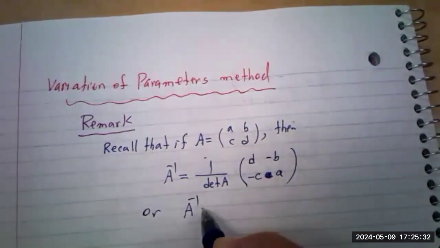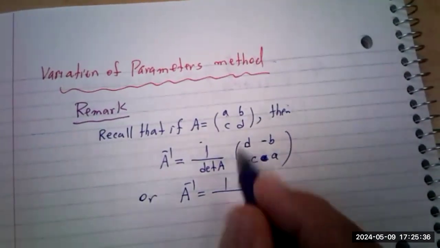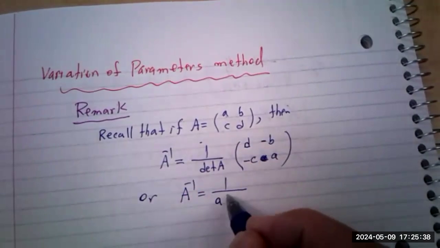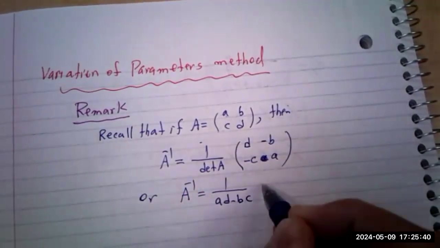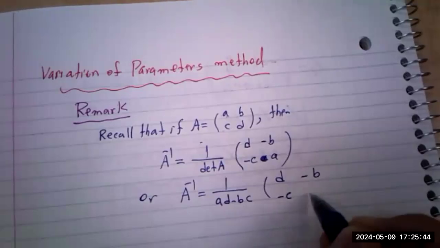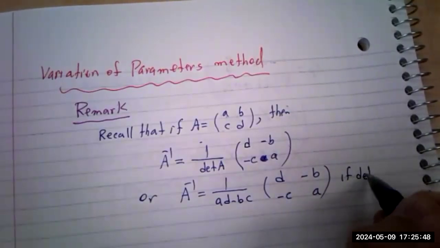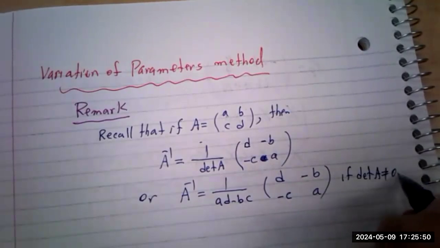So you need to know this formula. A inverse is equal to 1 over AD minus BC, times the matrix D, negative B, negative C, A. Of course, this is true only if the determinant of A is not 0.